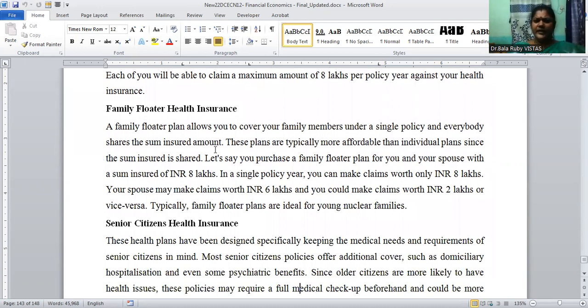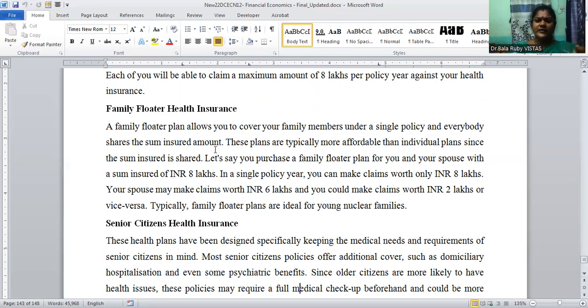A family floater health insurance allows us to cover our family members under a single policy, and everybody shares the sum insured amount. These plans are typically more affordable than individual plans since the sum insured is shared. Let us say we purchase a family floater plan for ourselves as well as our spouse with a sum insured of INR 8 lakhs.